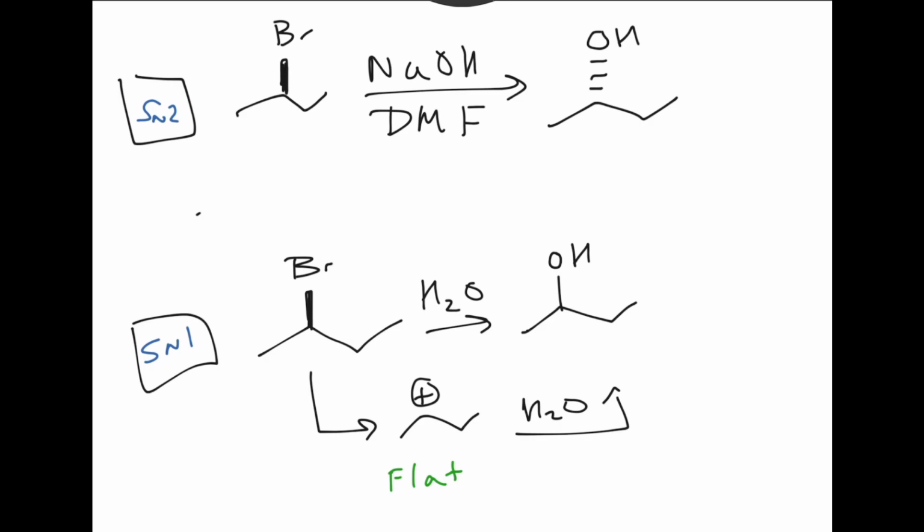So if I have a primary halide and I try to do an Sn1 reaction, primary halides can't do Sn1 reactions, so that reaction is not going to happen. If I have a tertiary halide and I try to do an Sn2 reaction, I'm not going to do an Sn2 reaction. I'm going to do something else. So your halide always has veto power.